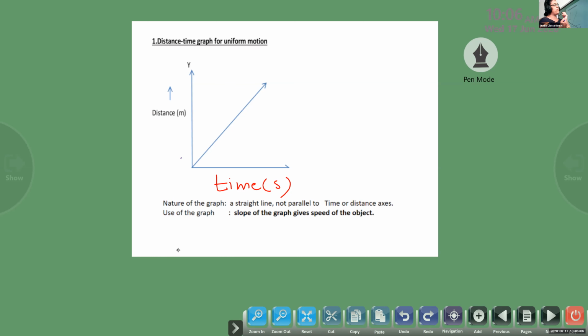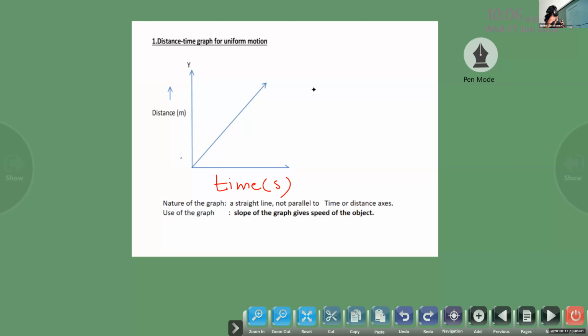How many times did we learn all that? So in uniform motion, an object travels equal distance in equal time. From the graph, as time goes by, the object covers equal distance in equal time.